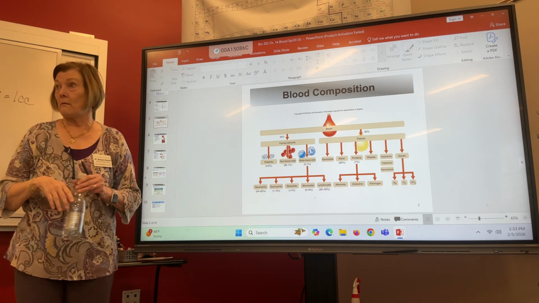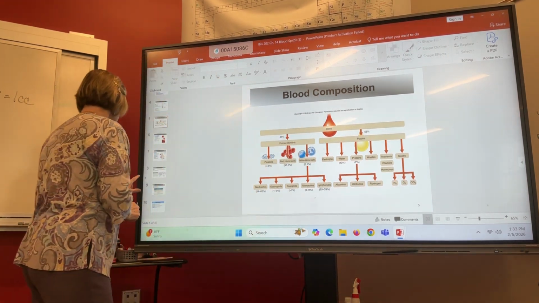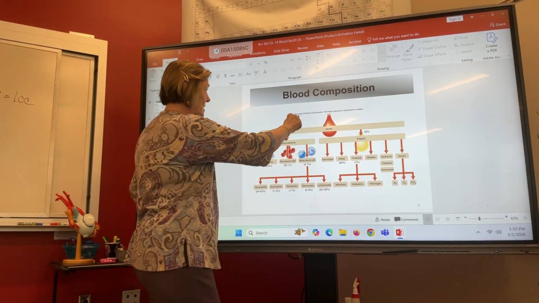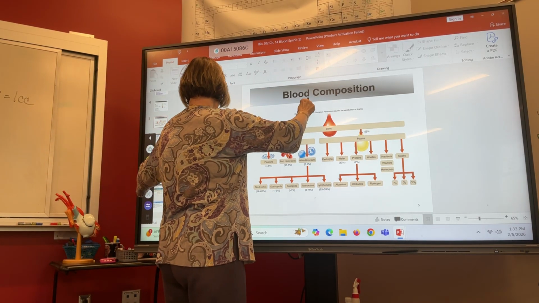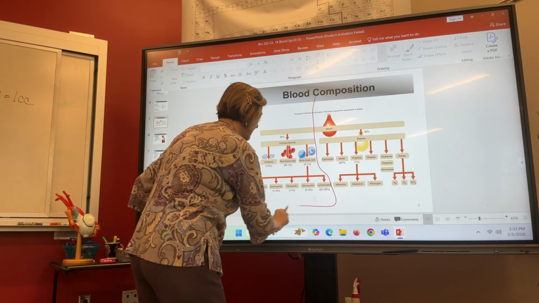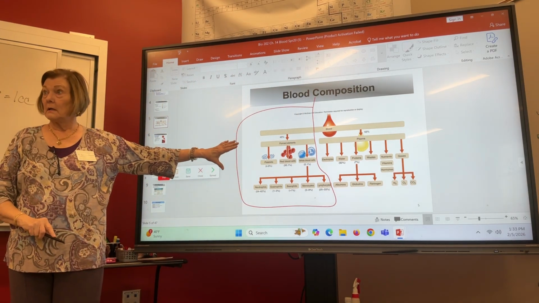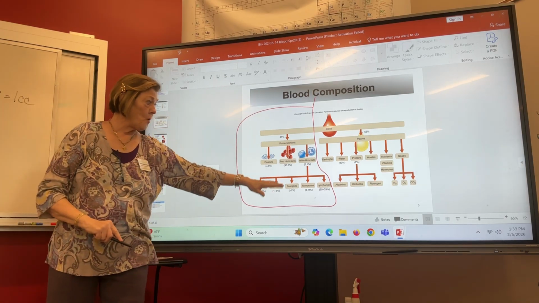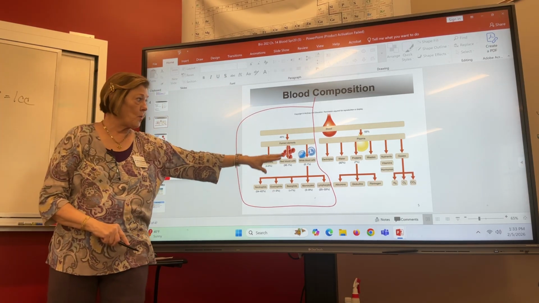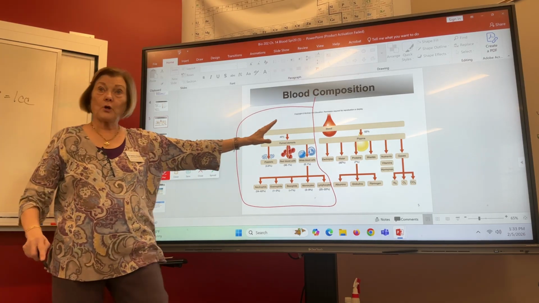All right, so now, we have done all this. You should know everything we need to know about these formed elements. Now we're starting on this half.